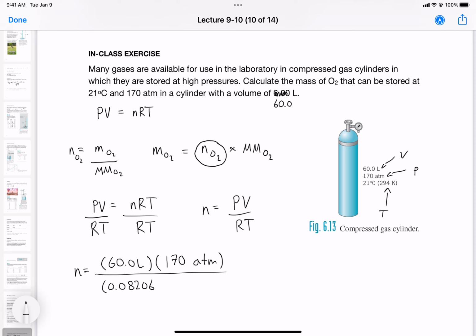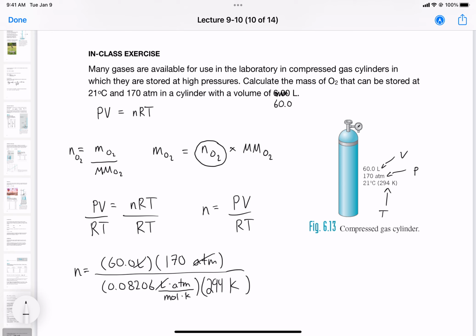0.08206. If you don't want to write all the units, you don't have to, but I will, just to show how the units cancel. Liters times atm over mole times kelvin. And then the temperature is 294 K. Everything will cancel.